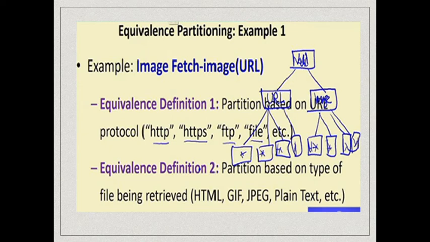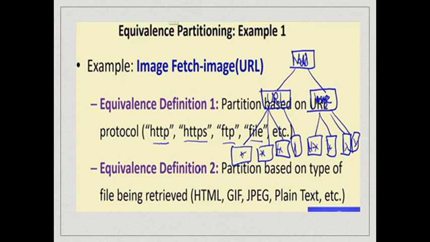But then for some problem we might have another definition of the equivalence class: what is the type of image, and is it an HTML image, is it a GIF image, is it a JPG image, or is it a plain text image? So observe here that for the same one parameter we have two equivalence classes that can be defined.